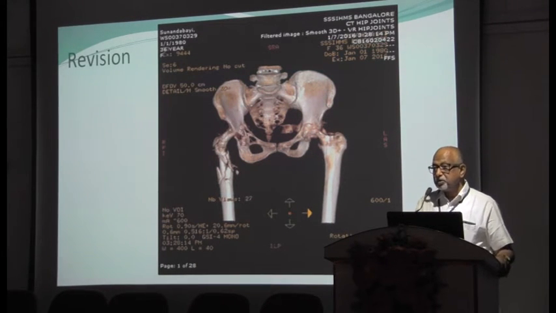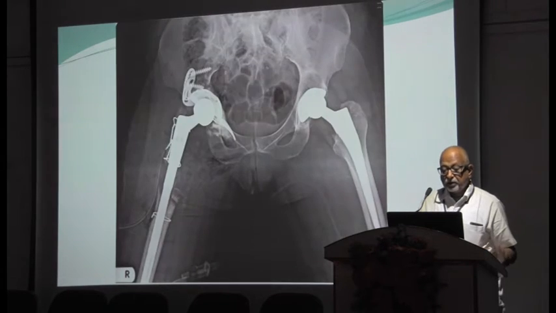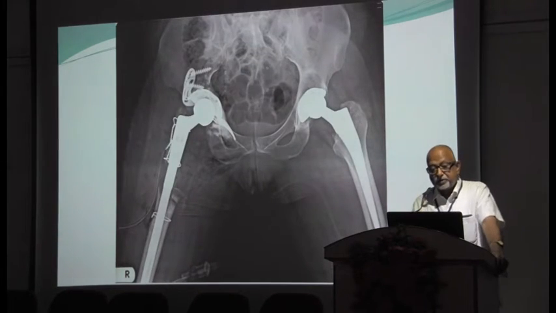There was a lot of bone loss in the pubic bone as well as the ischium and the superior part of the acetabulum. And finally, in the second stage, we did a reconstruction.